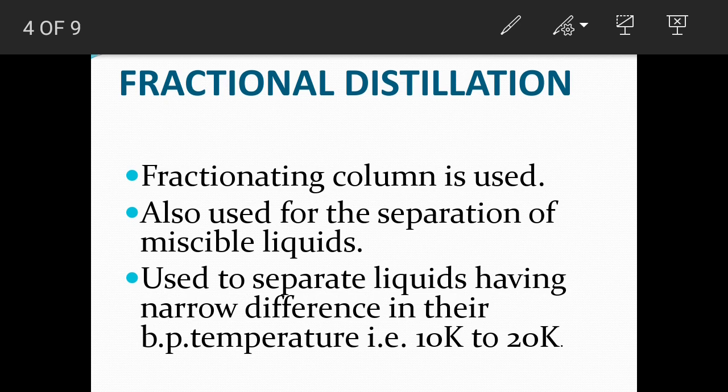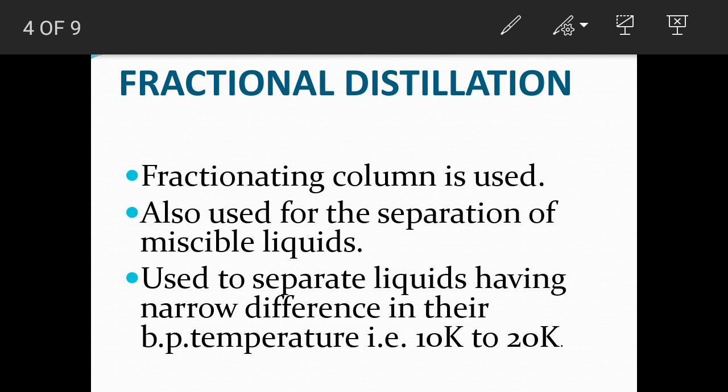If there is an appreciable difference in their boiling points, then we will go for simple distillation, because simple distillation is enough. One component will evaporate and one component will remain in the flask. So in that way they can be separated.